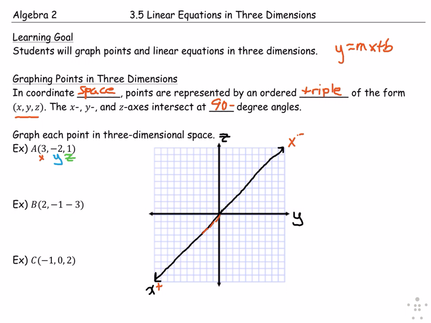So when you go away from yourself, as if this x-axis is going through the page, that's negative, and when it's coming out towards you, that's positive. And of course this is y plus, y minus, z plus, z minus, like the usual orientations.